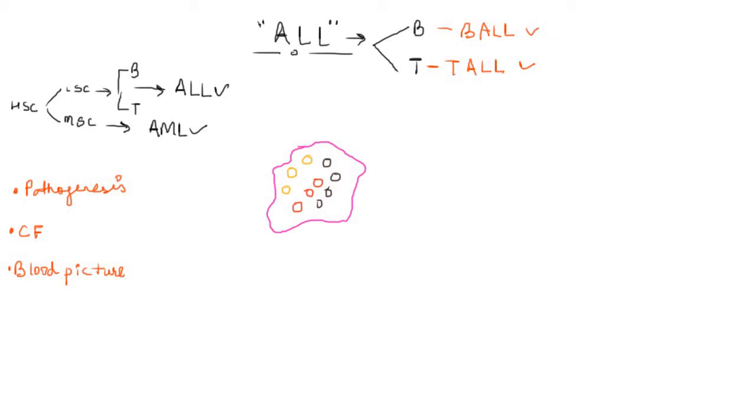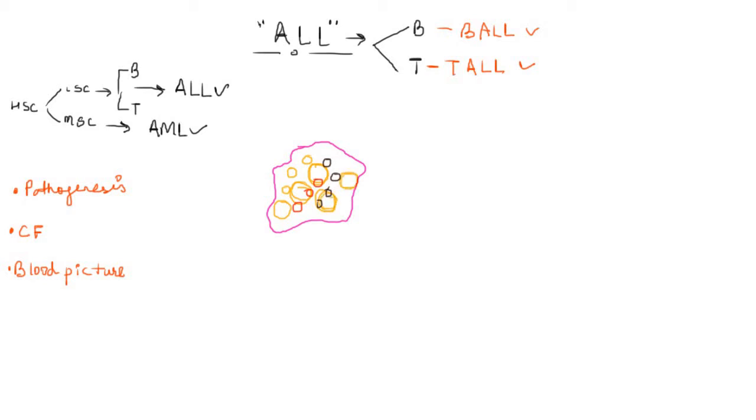Now in case of lymphoblastic leukemias or myeloblastic leukemias or simply in case of acute leukemias, what happens is that there is unregulated proliferation of the blasts.